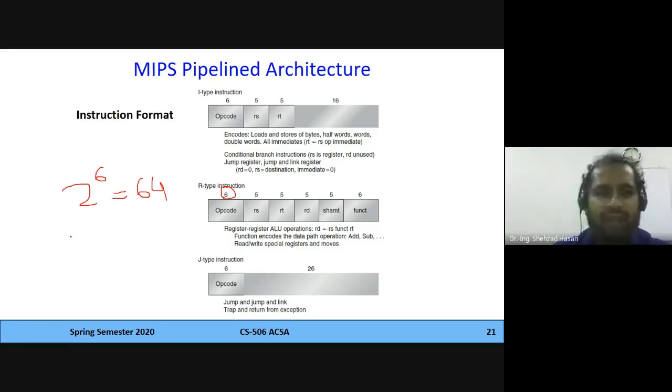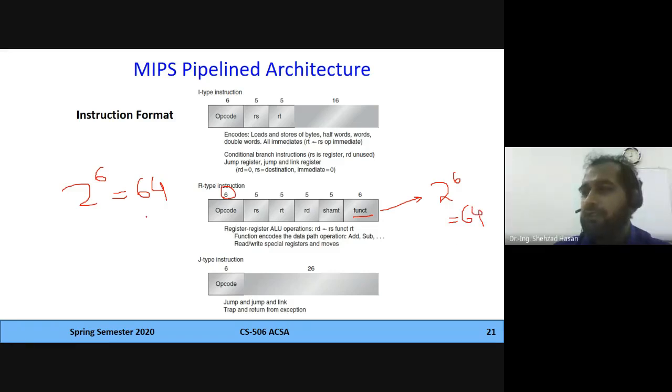There are different adds, multiplies and subtracts, and many arithmetic operations. An opcode of 6 bits is just going to differentiate whether you have an arithmetic operation or not. Then you can further differentiate them by another function field, which again gives 2 raised to power 6, or 64, operations.